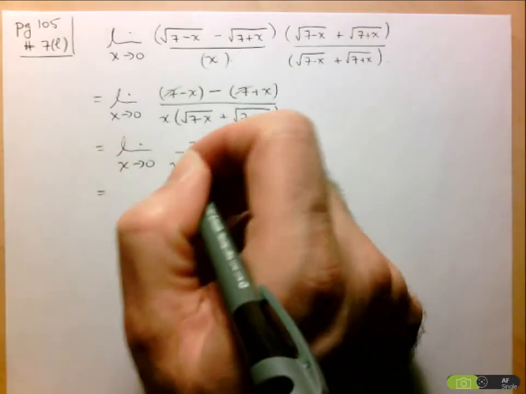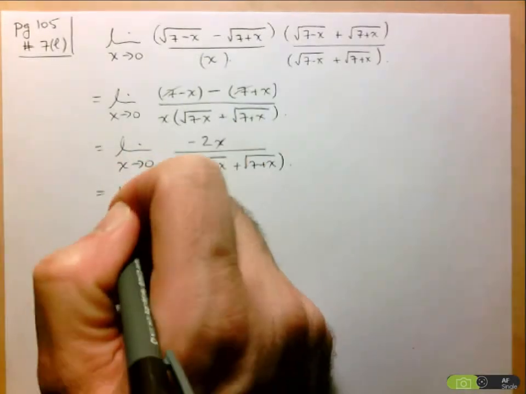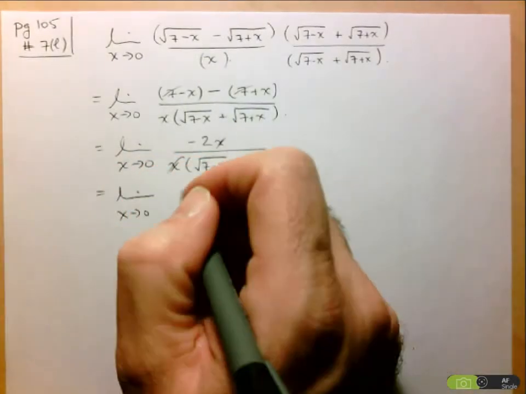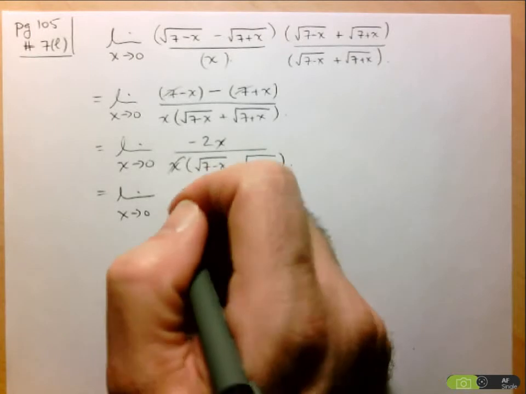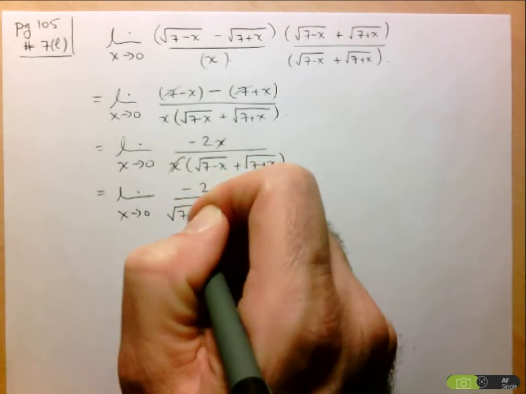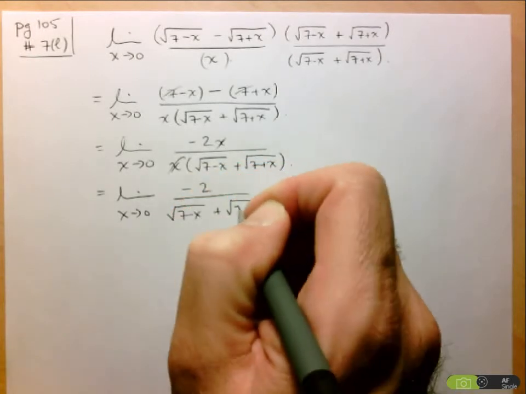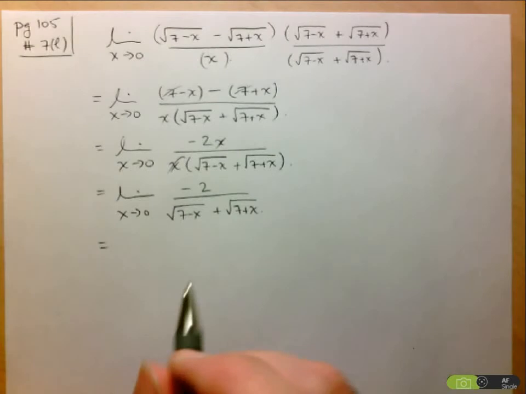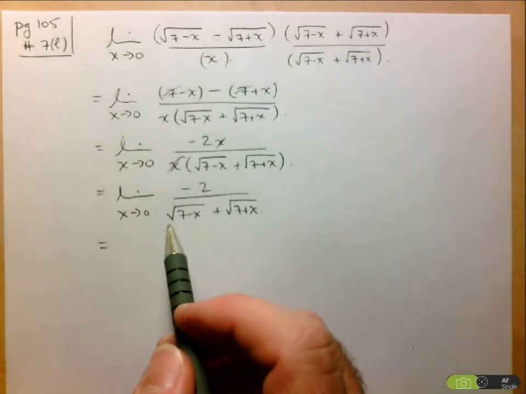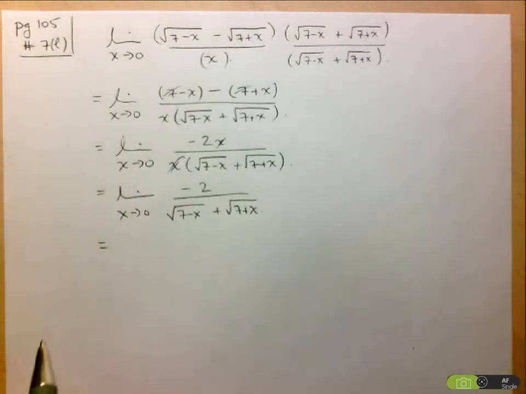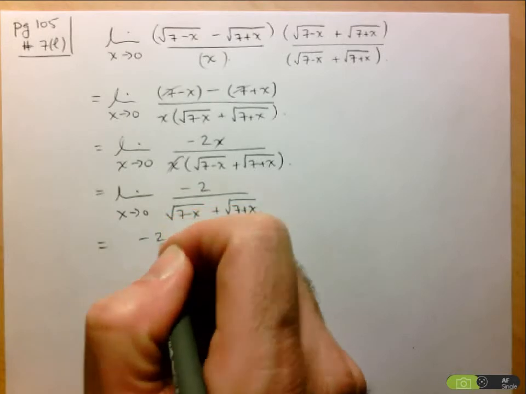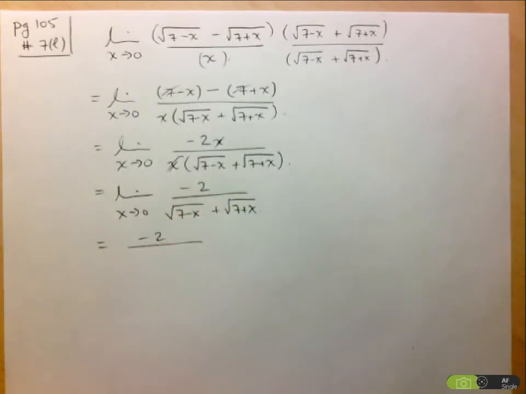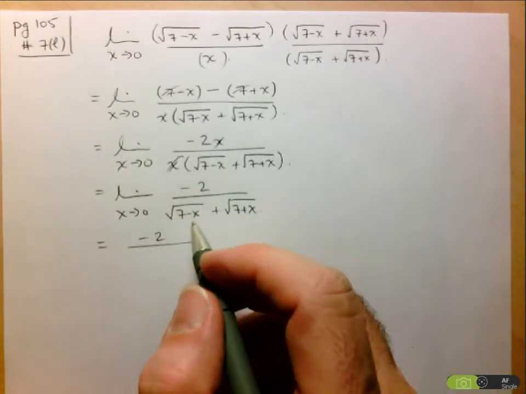Okay, so these reduce, and I'm left with the limit as x approaches 0 of this expression, which I can evaluate directly since we don't have any issues with a 0 in the denominator. So now that I can actually evaluate the limit, I stop writing the limit notation, and I can just evaluate this here.